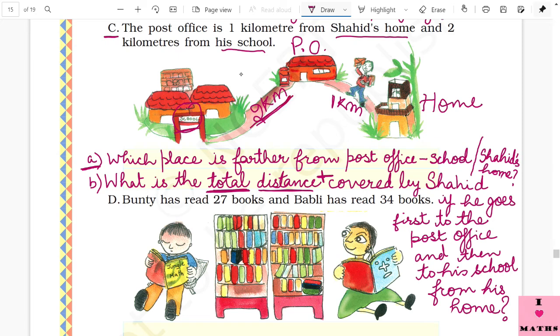Now, school is 2 kilometer from post office and Shahid's home is 1 kilometer from post office. So, here we have to compare. So, naturally, you will write down that school is farther from post office than Shahid's home.